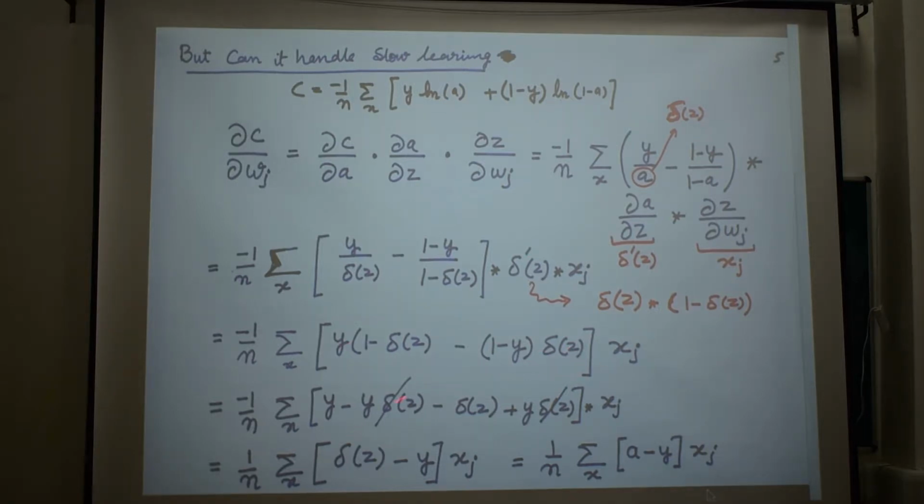What will happen is that the sigma z terms will cancel out, and ultimately you have got something like 1 by n summation of a minus y, which is actually the loss, multiplied by the scale. That loss got scaled with respect to your inputs x1, x2, x3 and so on.